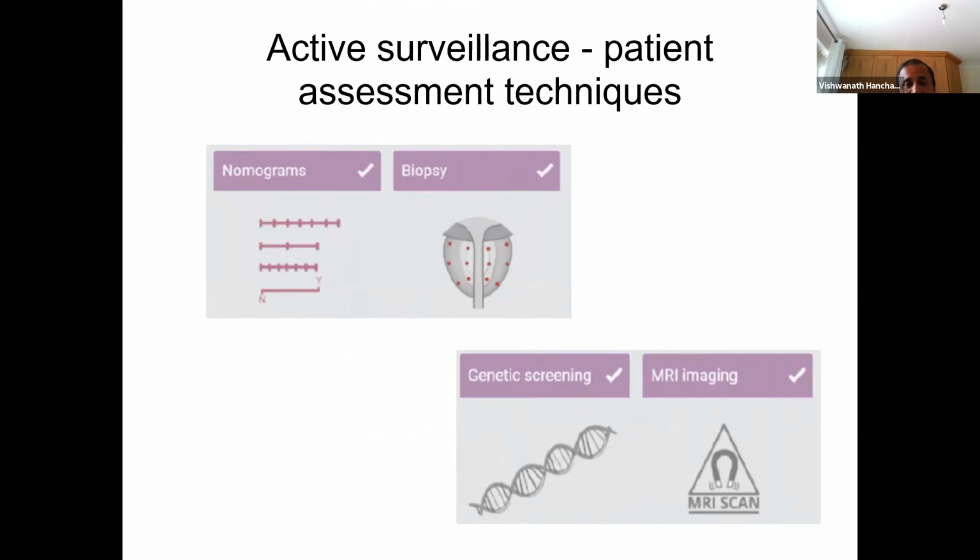Then the next bit is the biopsy: the number of cores, the grade of the biopsy, and what sort of biopsy was done. Was it targeted or systematic? All those are essential information before we put someone on active surveillance. Then recently there is some development using MRI scans and genetic screening to be added to the armamentarium before we decide about active surveillance for a patient.